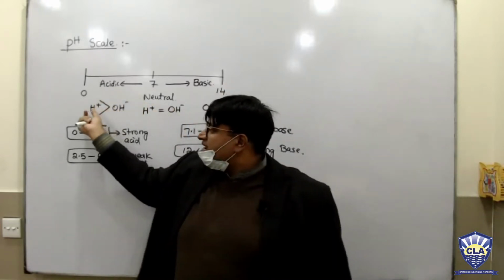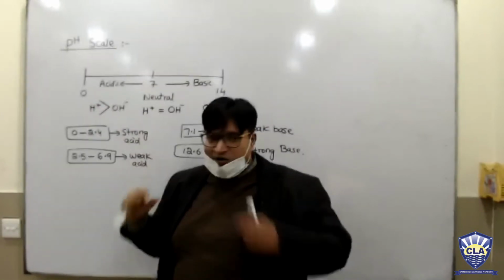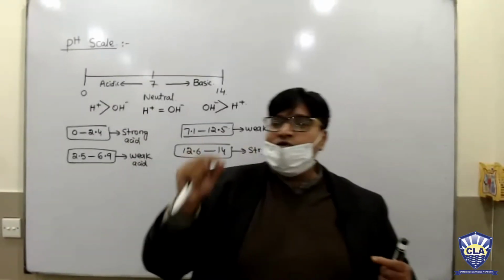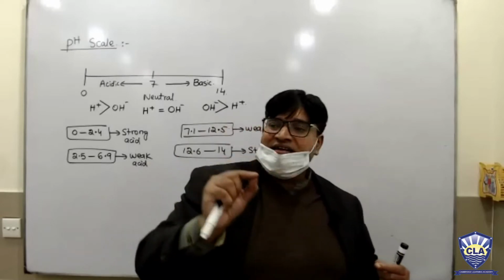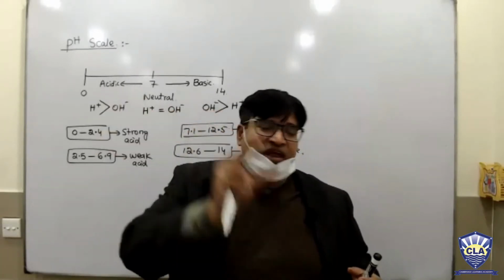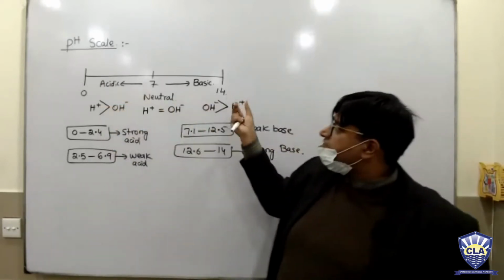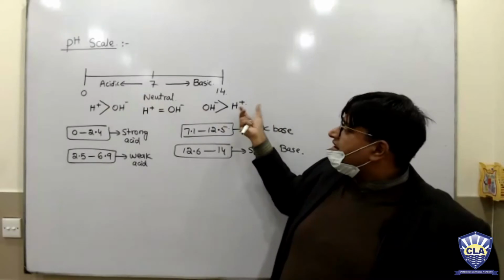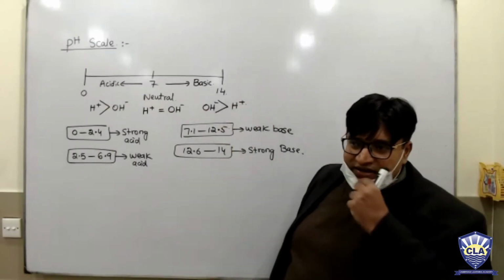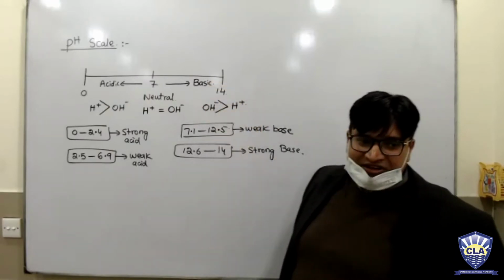But in acid, the H positive amount is greater than OH minus. pH can be calculated by taking the negative log of this value. If the negative log of a bigger value is taken, the result becomes smaller, and if the negative log of a smaller value is taken, the pH becomes bigger. That is why I told you yesterday.